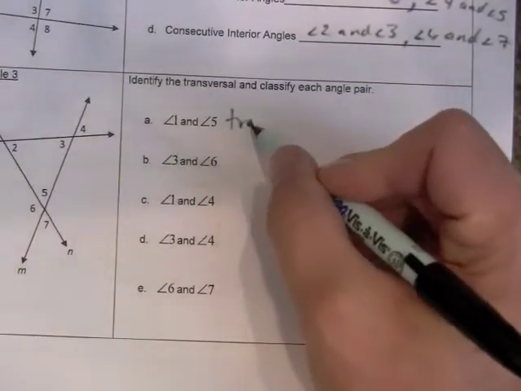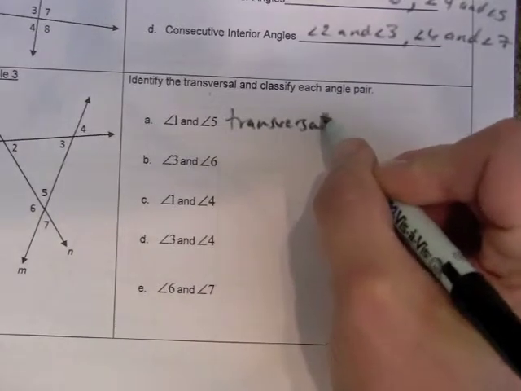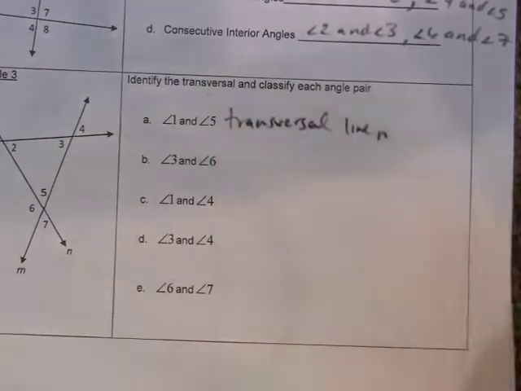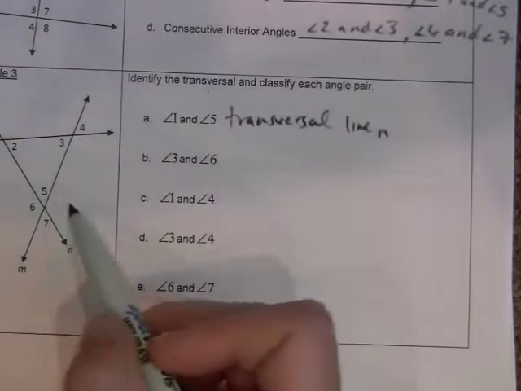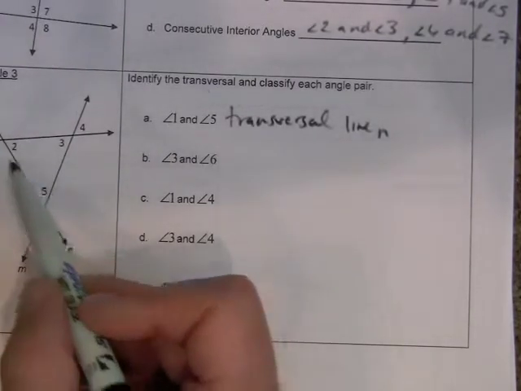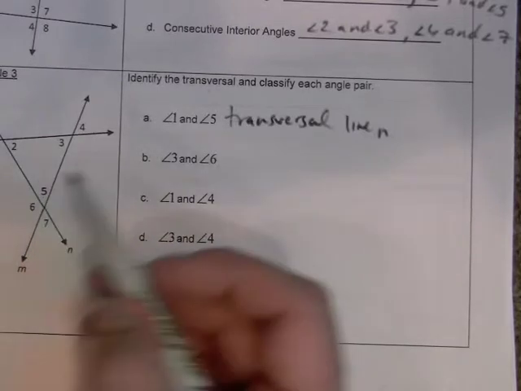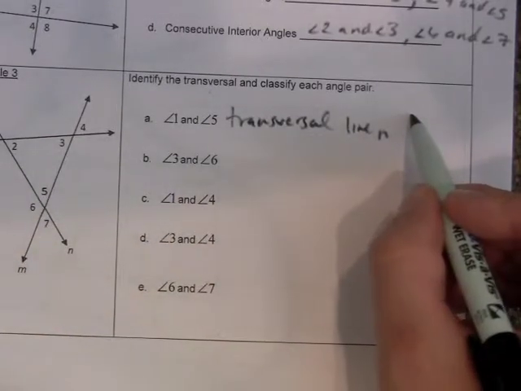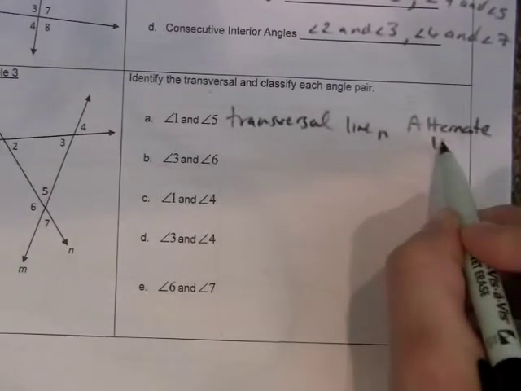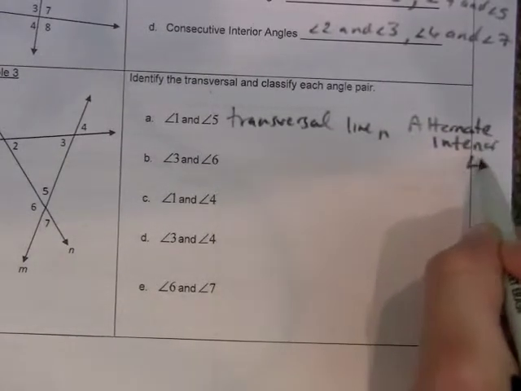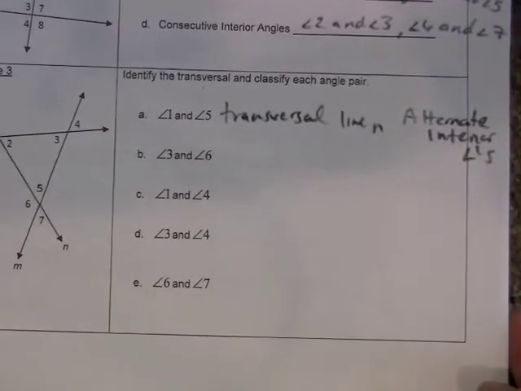The transversal is line N. And these angles are inside the two lines on opposite sides of the transversal, so they're called alternate interior angles.